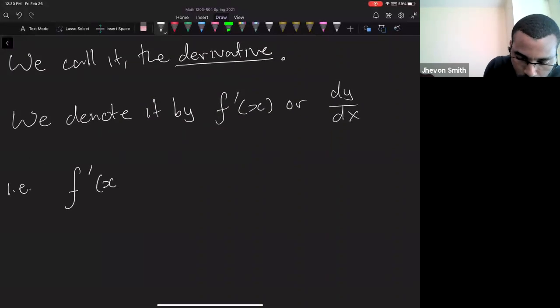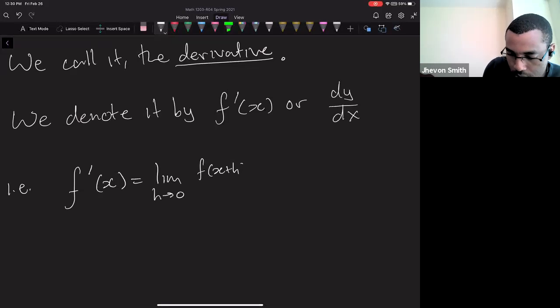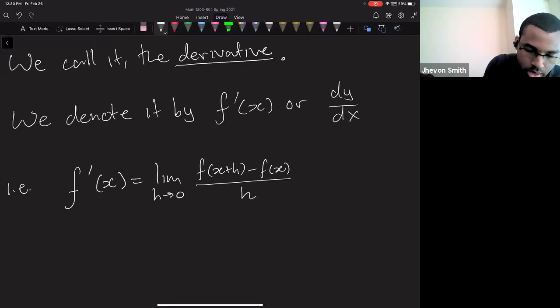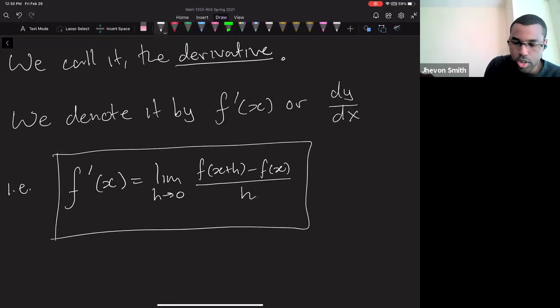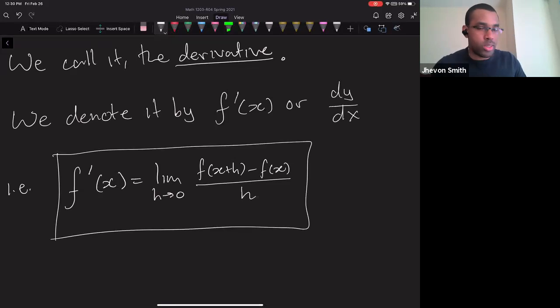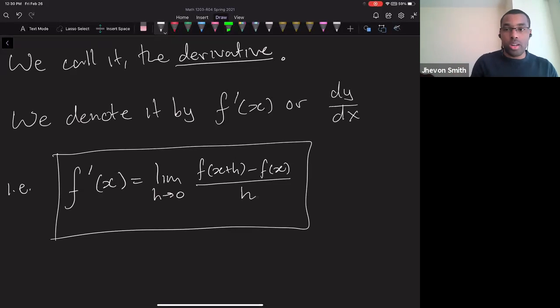You find something called f prime, the derivative, and it is the limit as h approaches 0 of f of x plus h minus f of x, over h. Now that formula you have to know. For your quiz this week, that's all you need to know: what expression gives me the derivative. As far as applying that expression, we're going to do that next class.